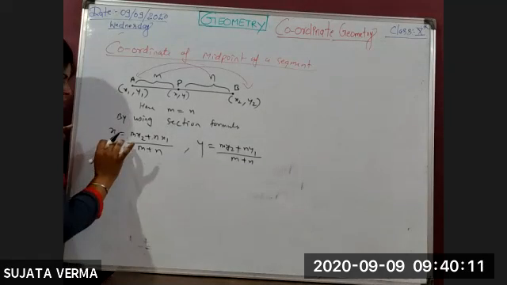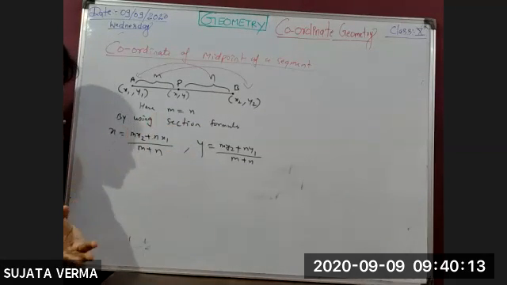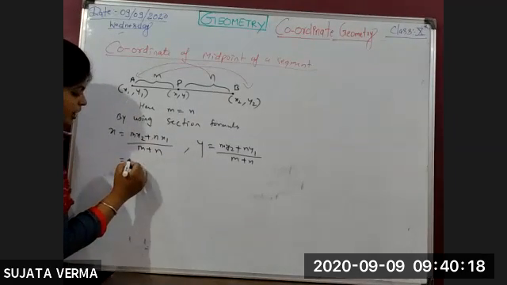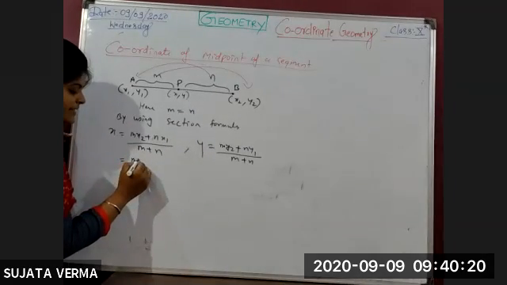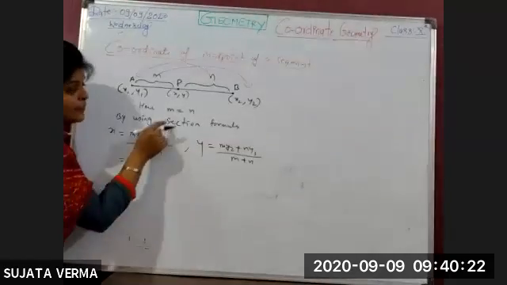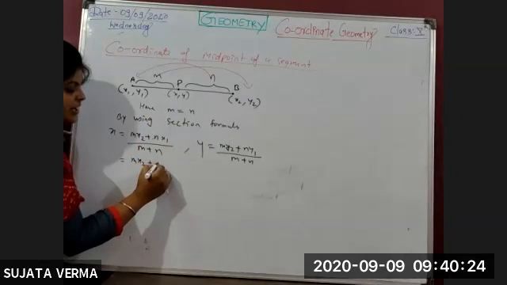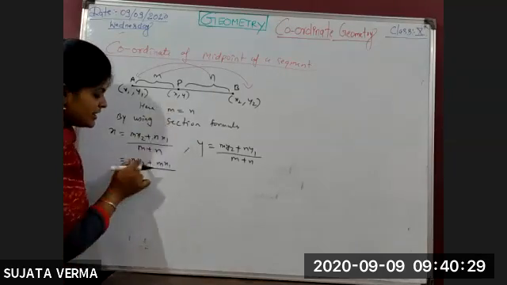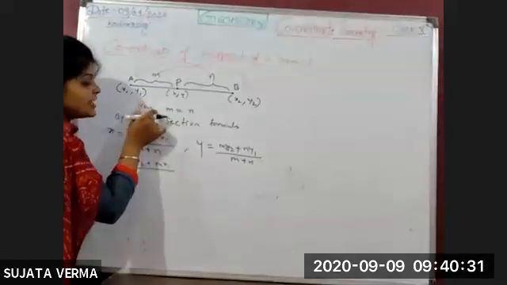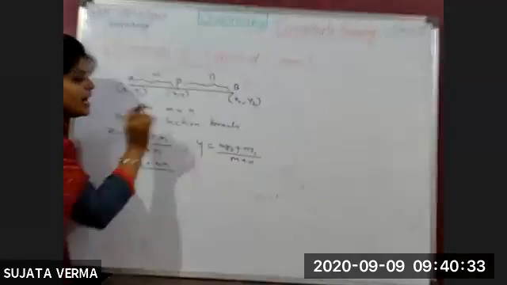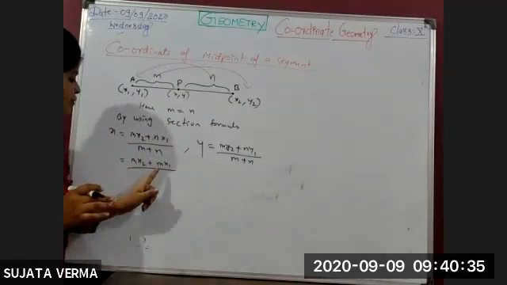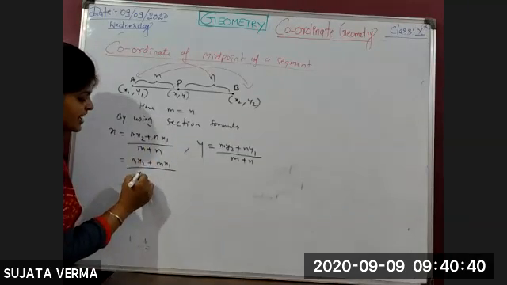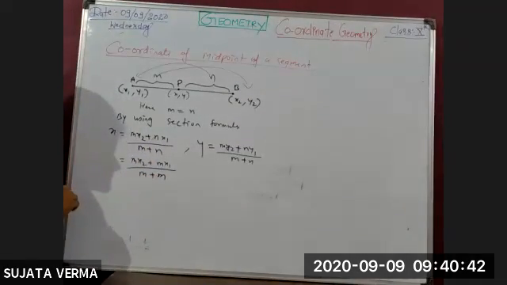Now, here M and N are equal, so we replace N by M. I replace N by M, so I write m x1, because the condition is that M and N are equal. Also we write M plus M in the denominator.